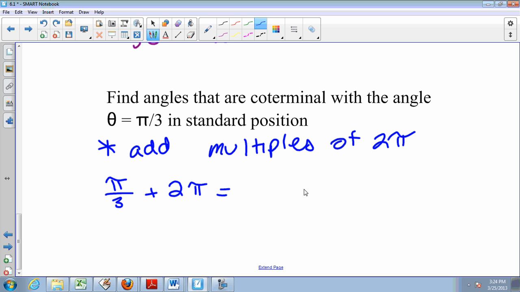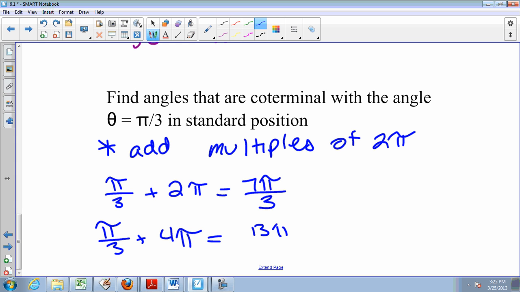We express this as a reduced improper fraction, so our denominator is going to be 3, and we get 7 pi over 3. Then pi over 3 plus 4 pi, the denominator is 3, so it's 13 pi over 3. And pi goes in the numerator, not out to the side.